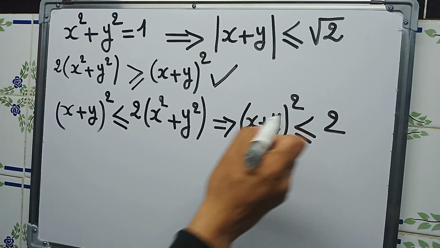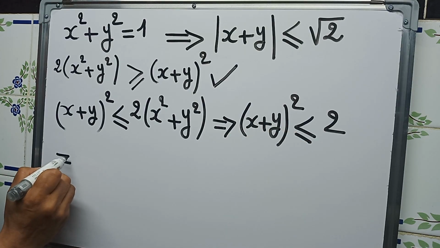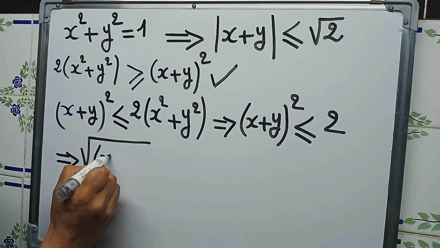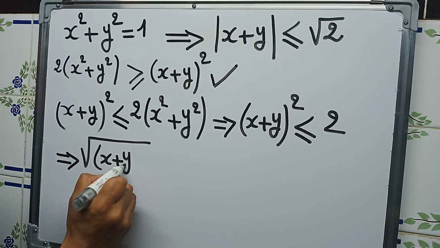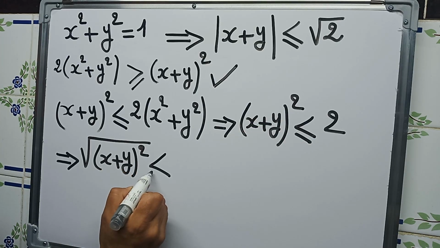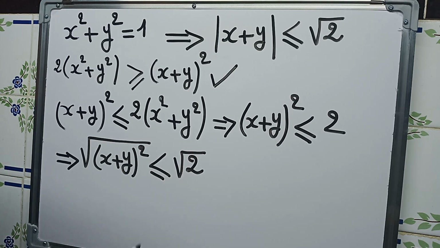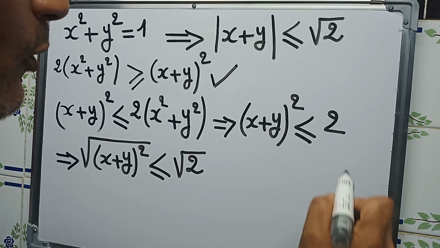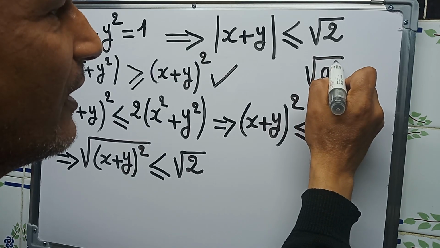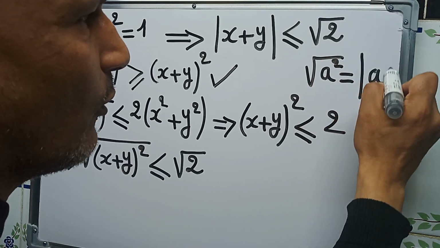2. And by square rooting the two sides, we will have the square root of (x plus y) squared is less than or equal to the square root of 2. But we know that the square root of a squared is just the absolute value of a.